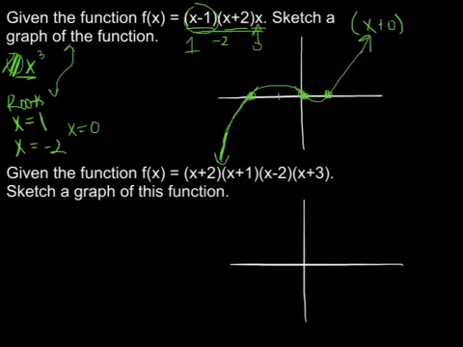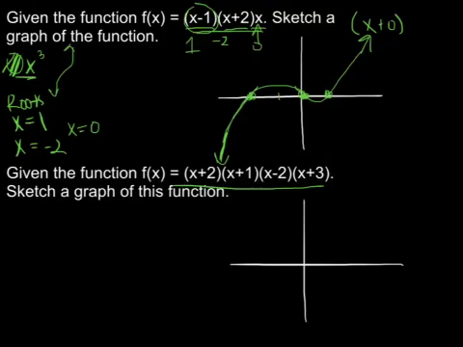So once again, I want you to pause. I want you to figure out what is the basic shape, what are the roots, and I want you to actually give it a try yourself so that then you can correct your work. All right, hopefully that went well. So the first thing I want to decide is what is the degree of this polynomial? What type of polynomial is it going to be?